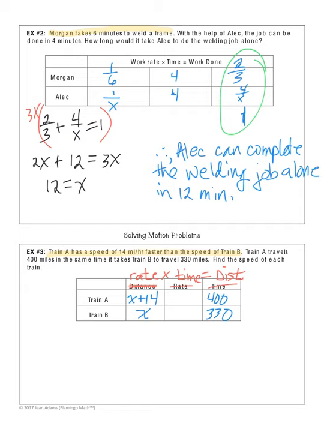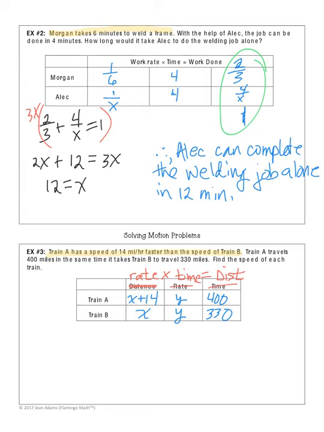Technically and theoretically, we don't know the time, but we know that the times are going to be the same. So you could set up 2 equations with 2 unknowns, but you could also determine what the time is for train A in terms of x and what the time is for train B in terms of x and set them equal to each other because we know they're equal.